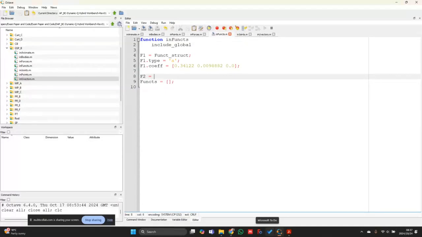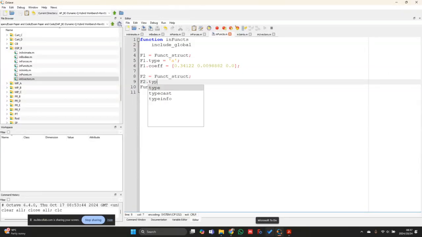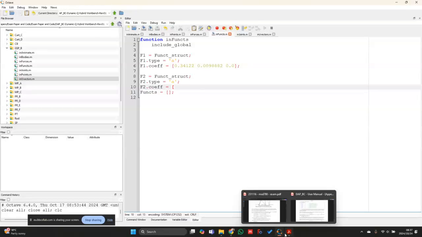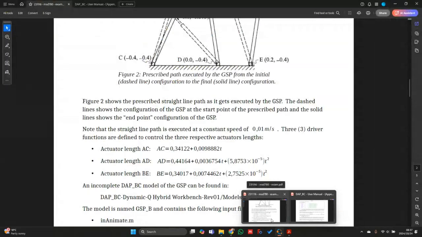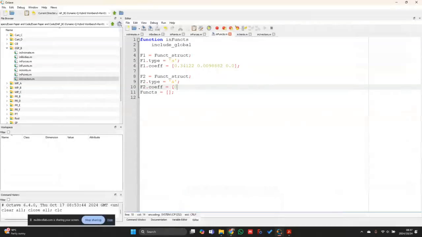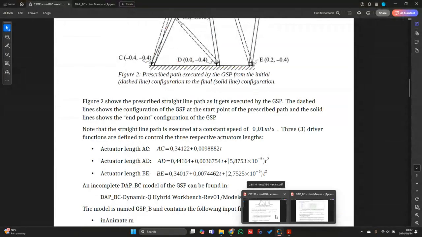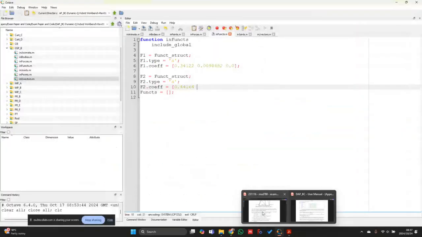Then I'm going to do the same for actuator AD. So this is once again just a funct struct. And then f2.type is once again a type A function. And f2.coefficient is then equal to 0.44164, followed by 0.003674.